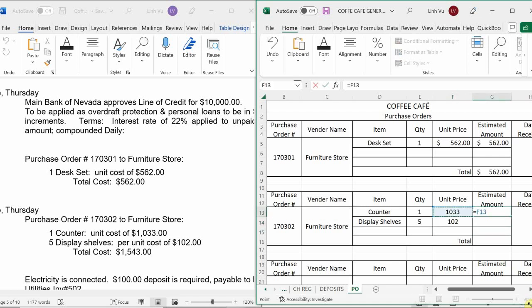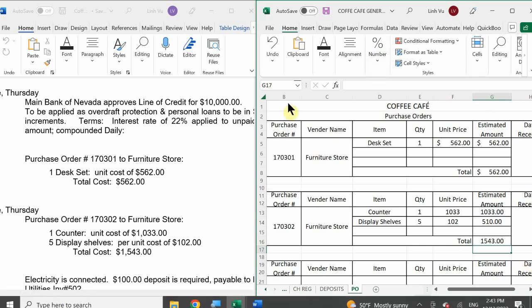So once again, quantity times unit price, you got $1,033. 5 times $102 should give you $510. So here your total is going to be the $1,543 even.